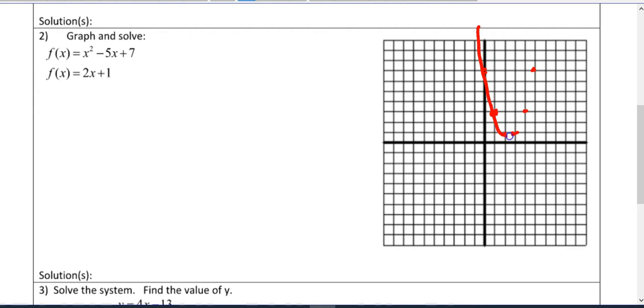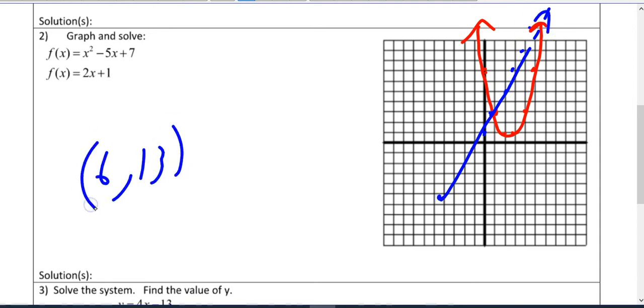And here is my parabola. And then my slope, my y-intercept was 1, and I went up 2, right 1, and there it is. Up 2, right 1, up 2, right 1, and so forth. And then I'm going to be off the chart somewhere up here at 6, 13, and that's where using Desmos or the graphing calculator helps find that one that is off the chart.